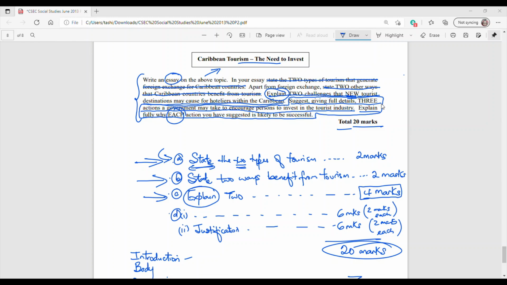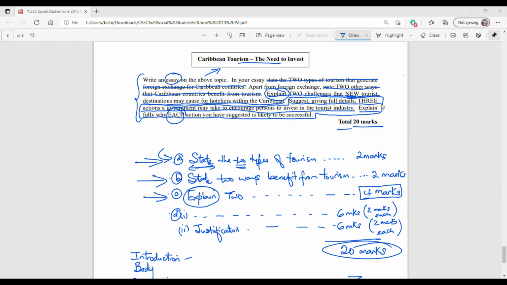And then we can start by stating our first action. So we can say one action the government can take to do this, because we already tell them what it is that we're doing. One action the government can take to do this is, and then we just list out exactly what it is that the government can do.